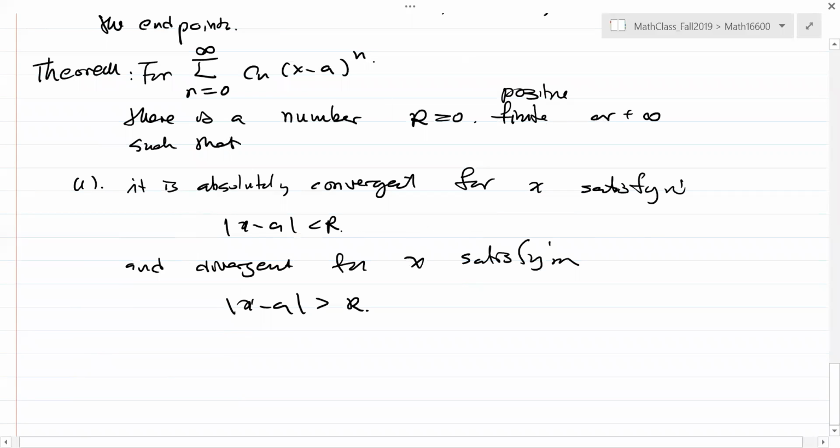But we don't know the endpoints. We don't care about that. There's a case by case way to do this.